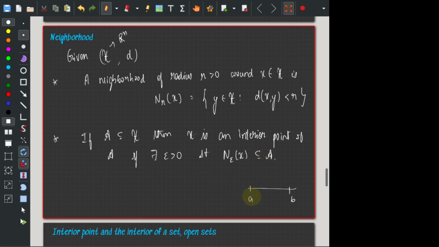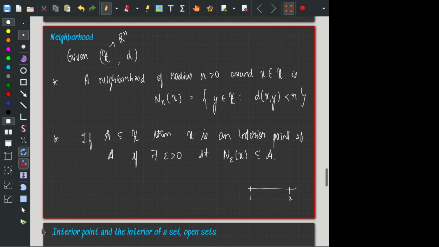For example, let's be more concrete and take the closed interval from 1 to 2. Is the point 1 an interior point of this set? It is not. Why? Because on the left side we cannot find any room: anything just to the left of 1 would be outside the interval.